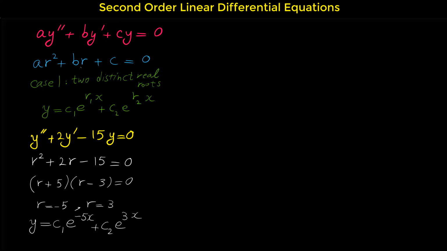But the other case that can happen when you want to find r from the quadratic equation is when you don't have two distinct real roots. So this is case 2, which is when we have a repeated root.